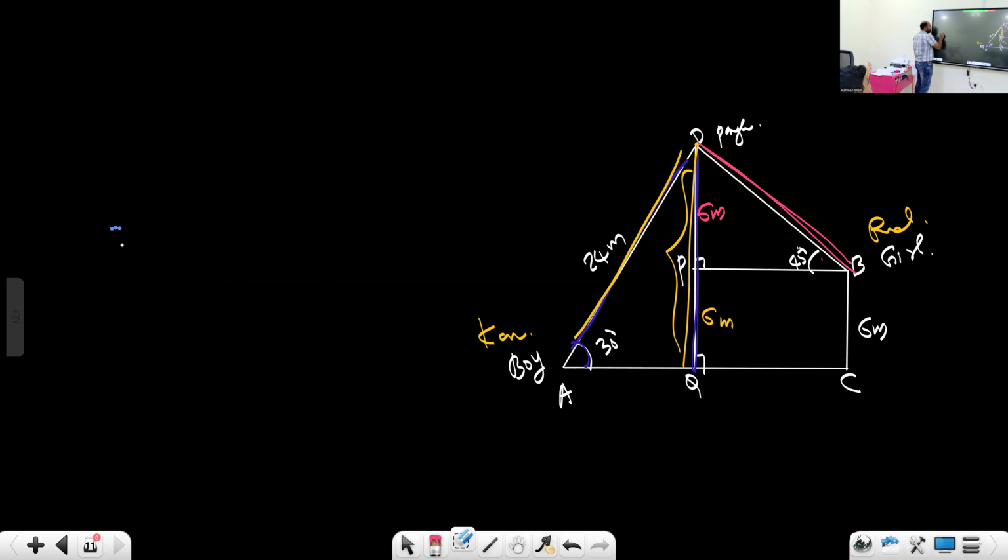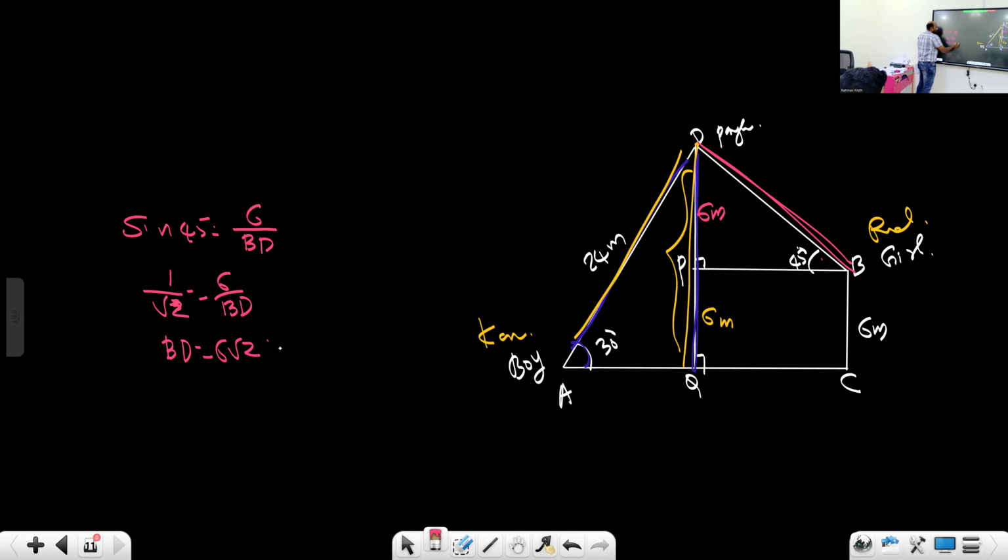Sine 45 equal to 6 by BD, so 1 by root 2 equal to 6 by BD. So BD equals 6 root 2 meter, which is the distance between Ridhima and the paraglider.